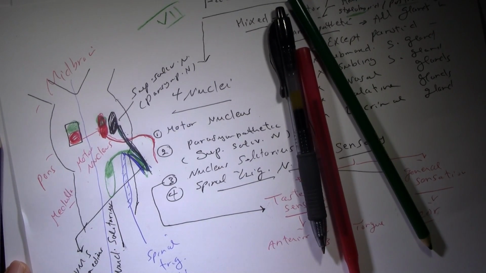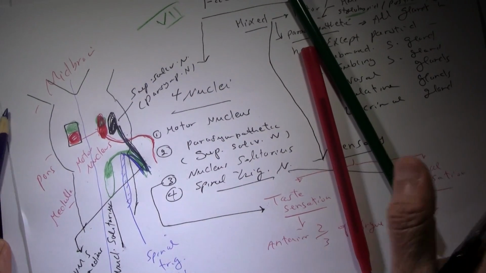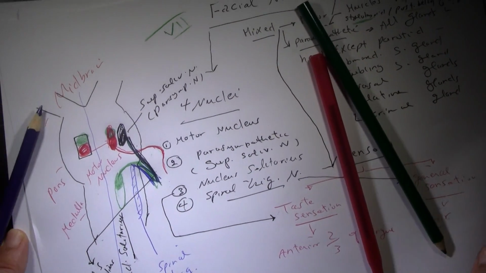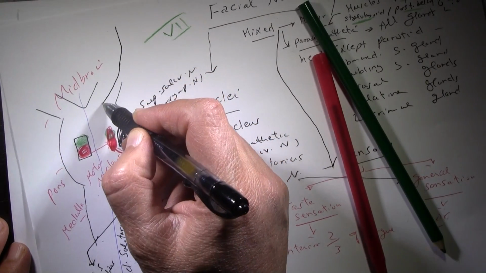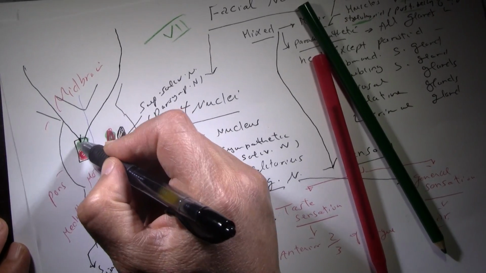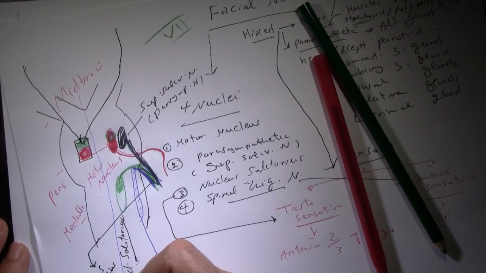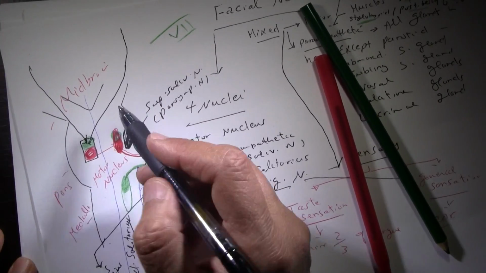Okay, the upper part is bilaterally controlled by the brain, by the cerebral cortex. It means that it receives higher control from both sides. This is the upper part. I'm going to do it on one side for easy understanding.